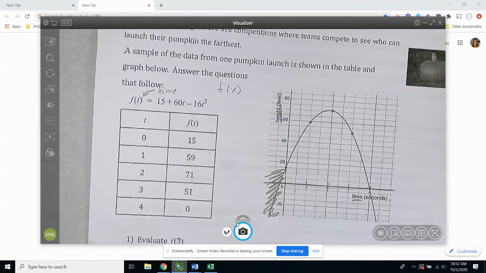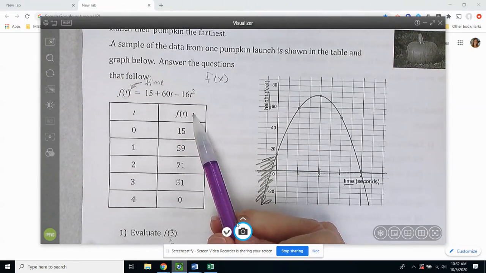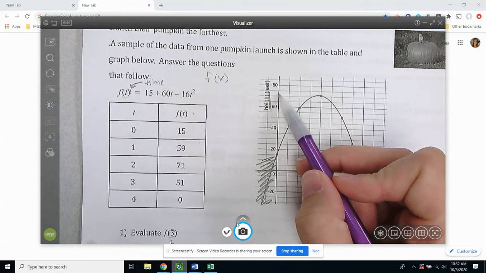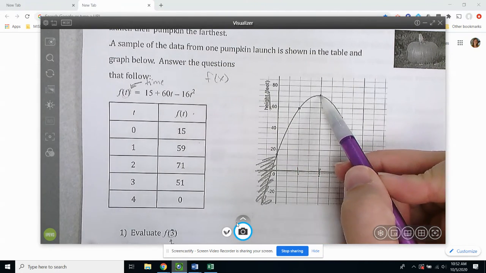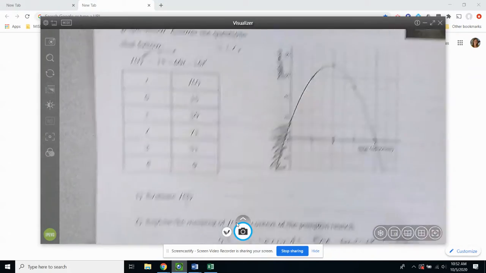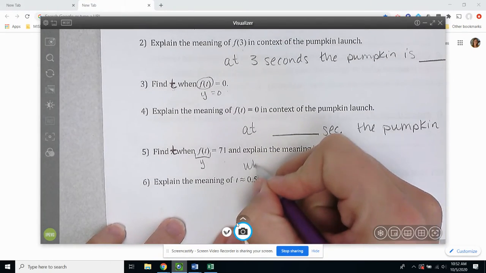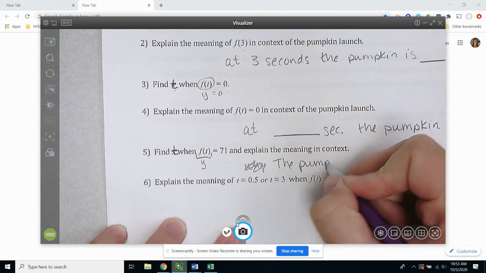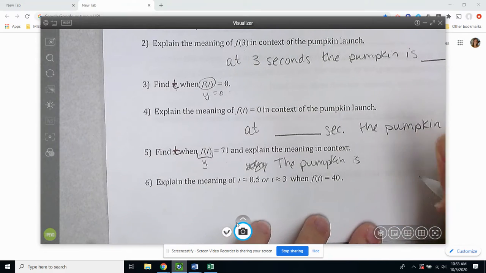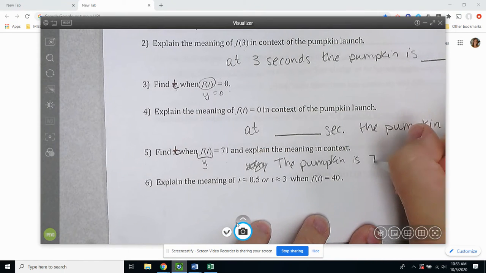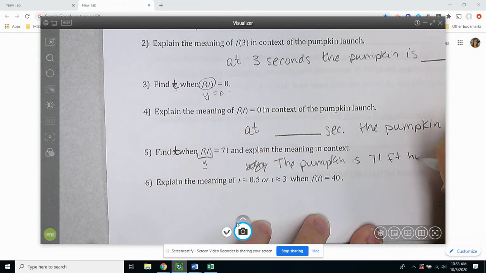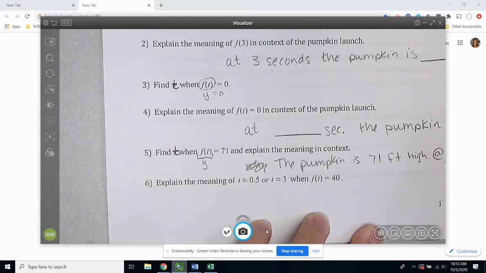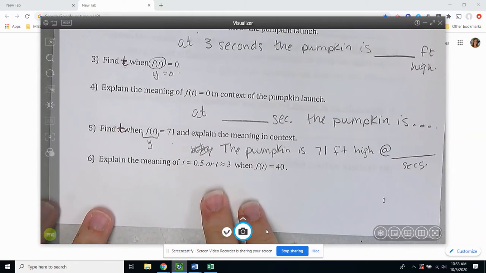So you can either go to your table, find when f of t is 71, or you can go to your graph where it's 71. So here's 60, here's 70, here's 71. It looks like it's about here. So you fill in these blanks. The pumpkin is 71 feet high at blank seconds. So you can fill that in.